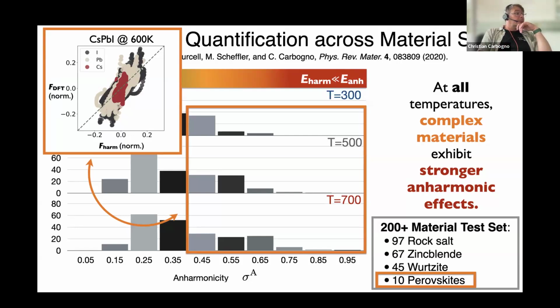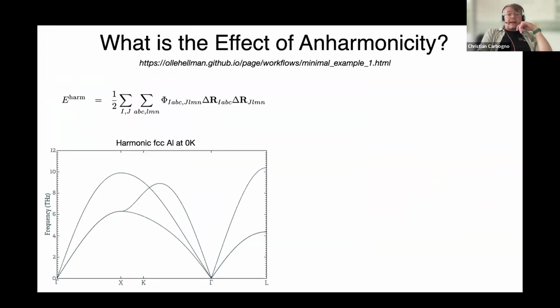And to give you a little bit of an idea how these anharmonic effects then affect our kind of systems, let me give you one example, one possible technique to include that.